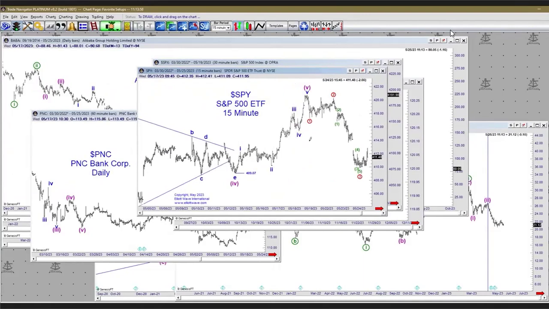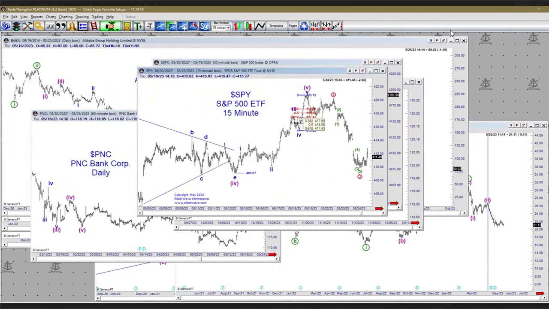So the way I manage a trade is if I think a third wave is unfolding, I do not want to see a break of the 618 retracement of the third wave so far. So that level is 417.43 in SPY, and it got down to 35.